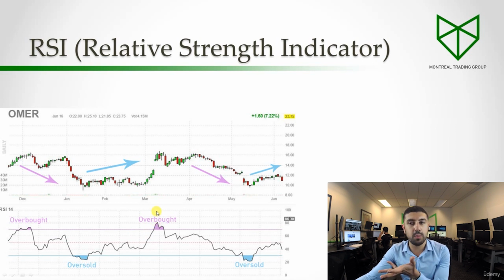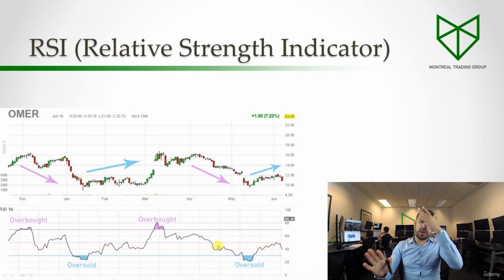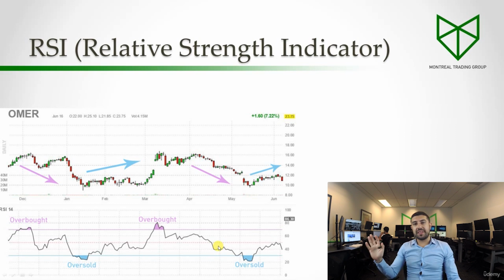And you understand why: because the green candles compared to the red candles are way bigger in these last 14 days. So it became overbought. Again, it stopped being overbought and went down. Oversold again, don't buy right away because you don't know. But as it breaks up, that's when you get your entry. So that's the way you should use the relative strength indicator.